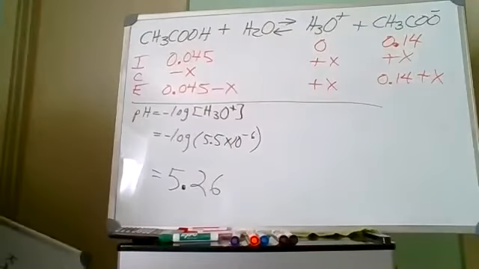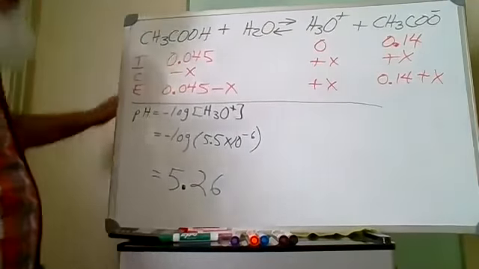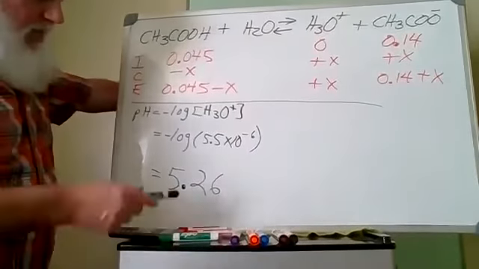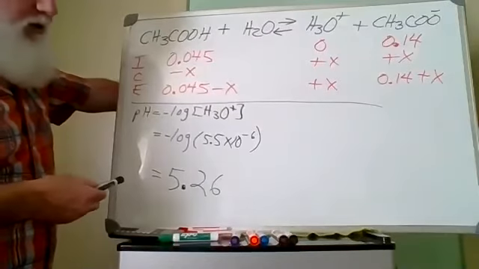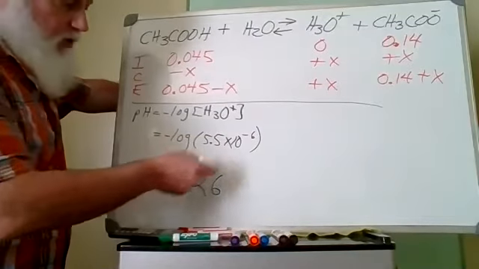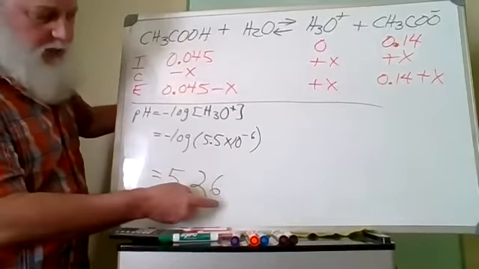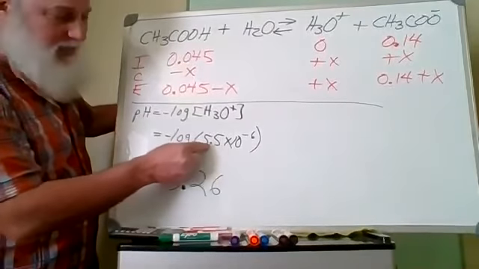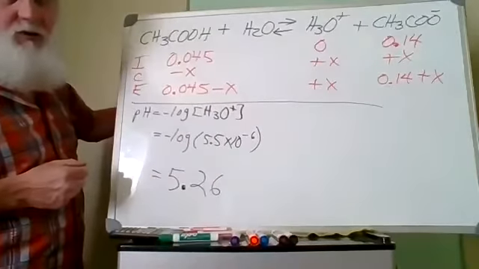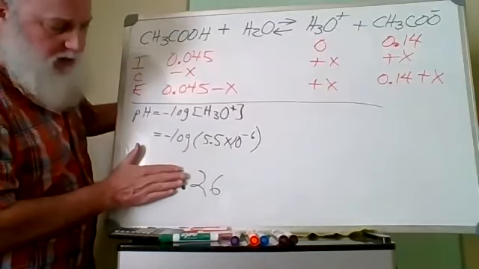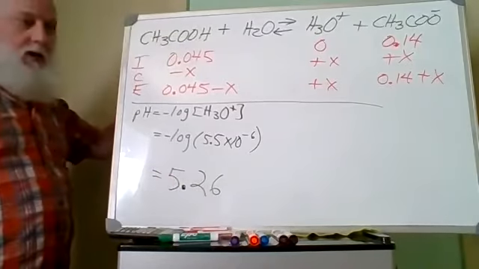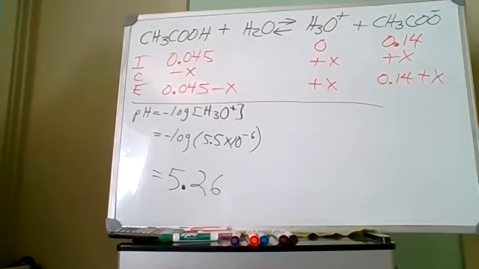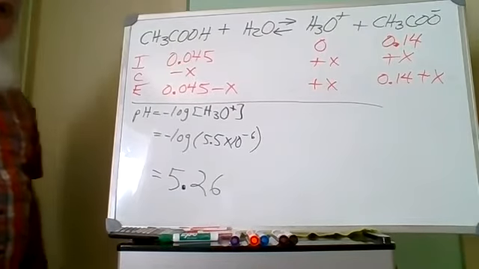But when we calculate the pH, back in chapter 15, it said you should have as many decimal digits in your pH as you had significant digits in the hydronium ion concentration. So I have 2 here, so I should have 2 decimal digits in my pH value. Okay? Any other questions? Because we're about out of time here.